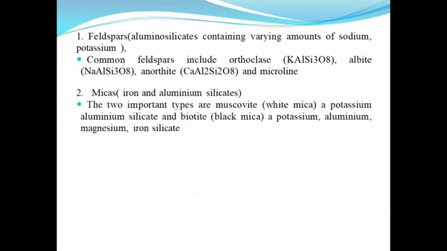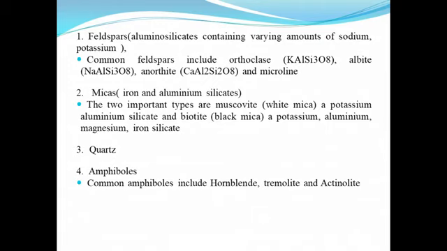The second type of primary mineral is the micas, and these include iron and aluminum silicates. The two most important types are muscovite, which is a white mica, and potassium aluminum silicate, and biotite, which is a black mica, a potassium, aluminum, magnesium, and iron silicate. The third one is quartz.